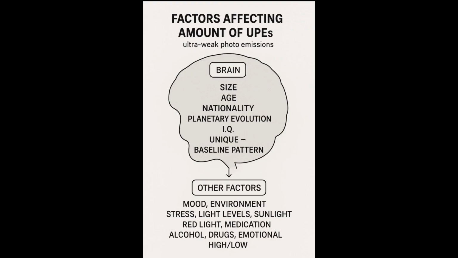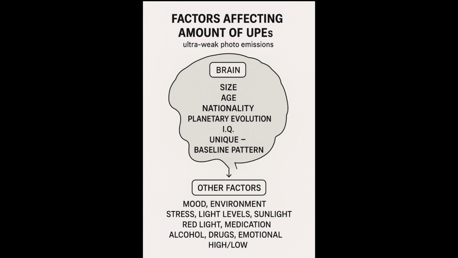So if we look at this diagram, they're saying that these ultra-weak photon emissions are dependent on the size of the brain, the age of the brain, the nationality of the brain, its planetary evolution or descendancy, even possibly its IQ levels.